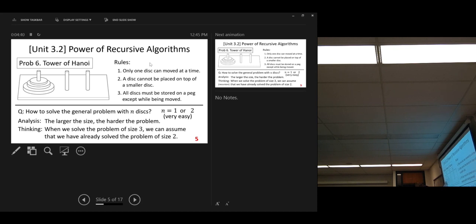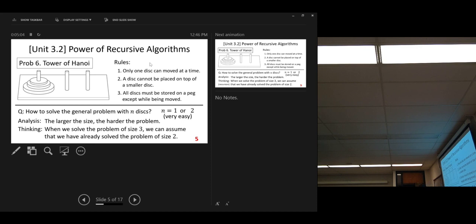How about we fix the bottom disk? Can we solve size 2 first? After we solve size 2, can we move the bottom disk to another peg and do another size 2 problem? You move it on top of it. So do another size 2 problem.